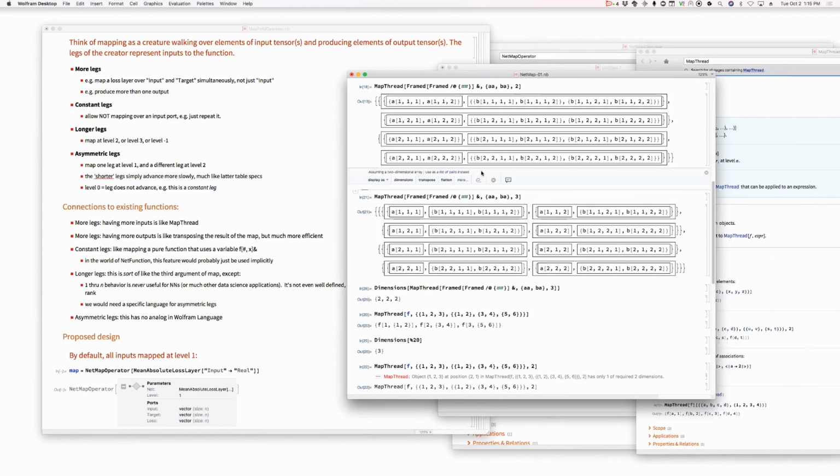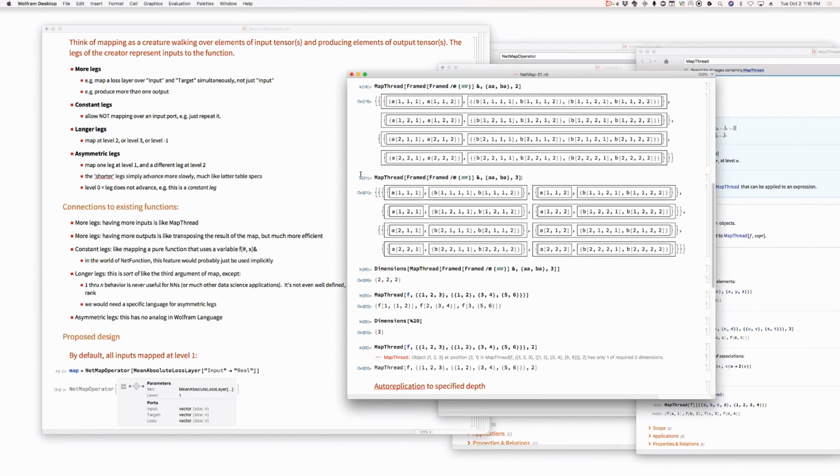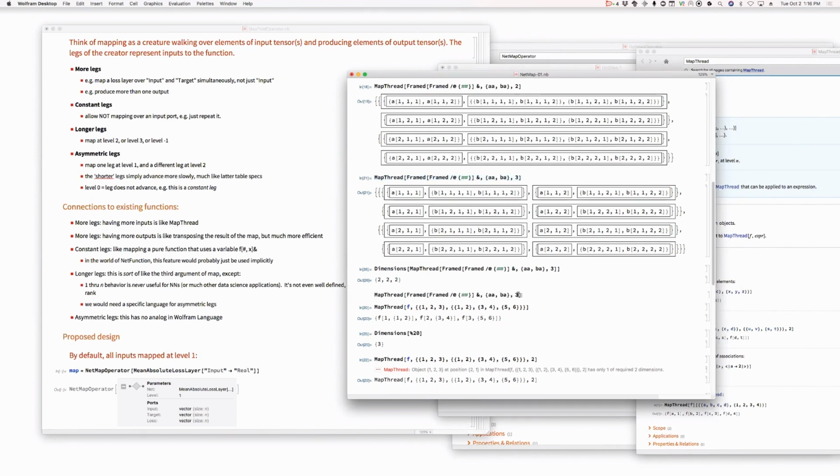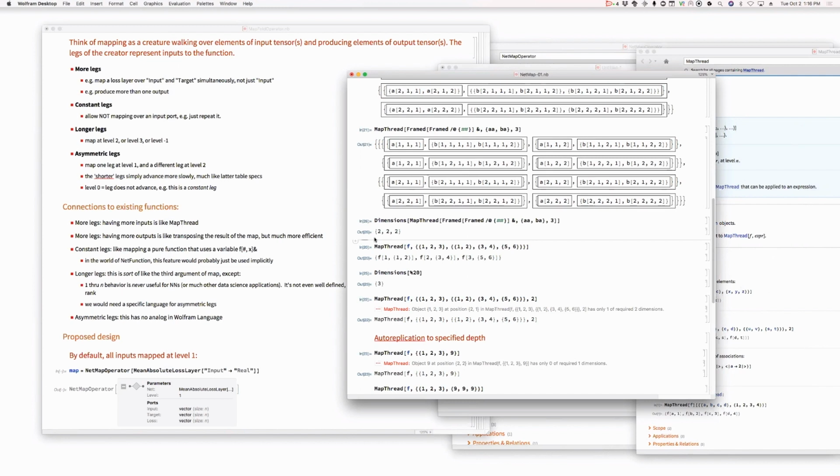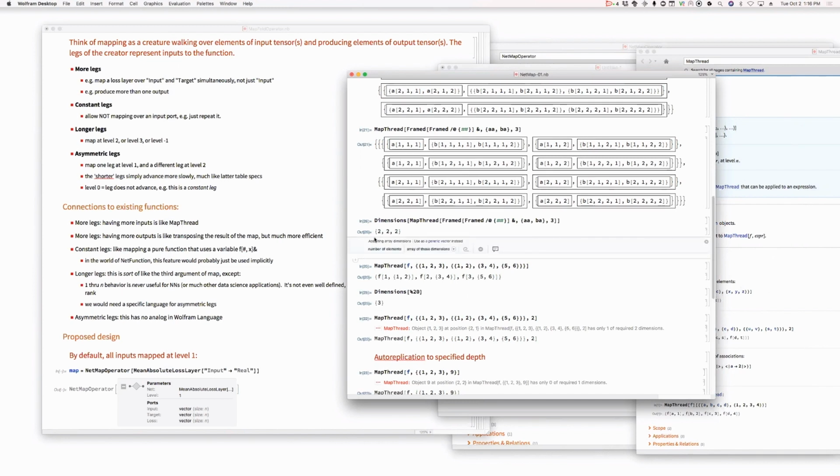And if I were to say, for example, here, comma 4, it couldn't do that because it wasn't deep enough. But okay, so I'm claiming that the depth of the output tensor is determined by that n thing.